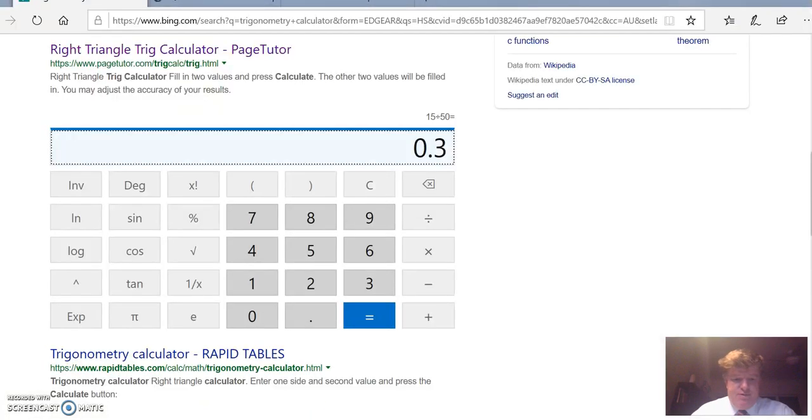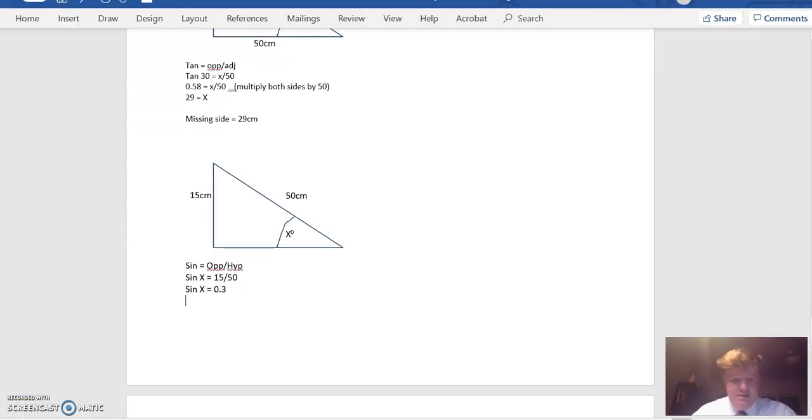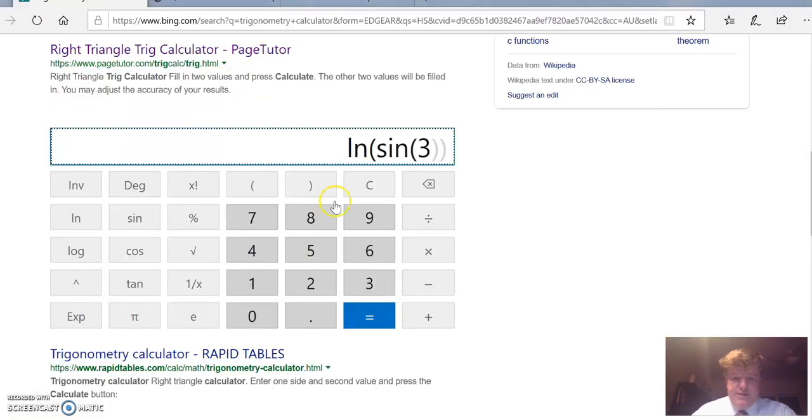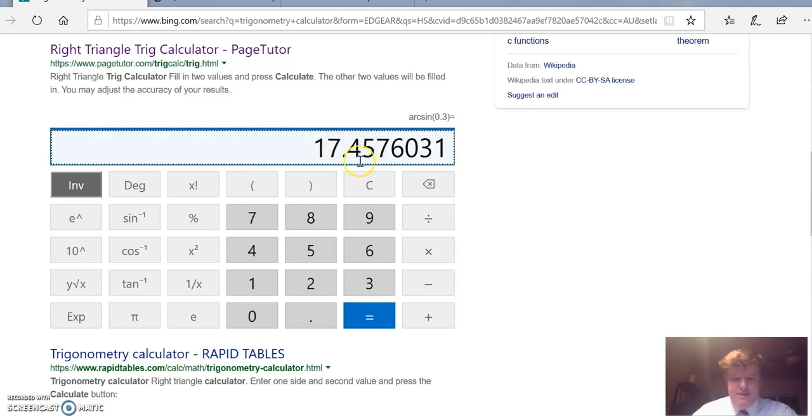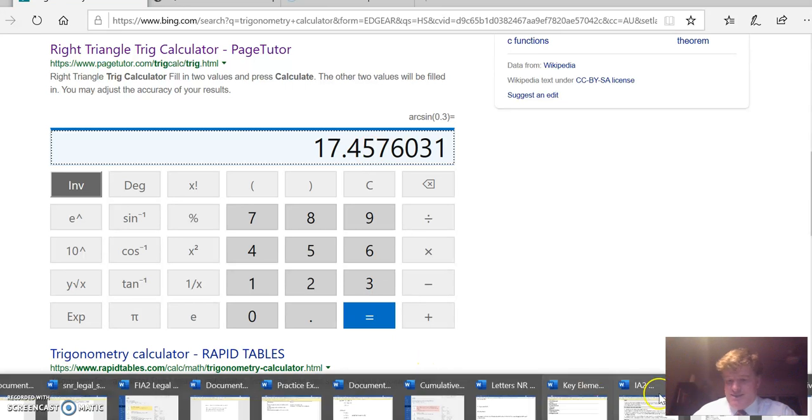So I've got here inverse sine of 0.3, sine to the negative 1, 0.3 equals 17.46, rounding up that last digit.